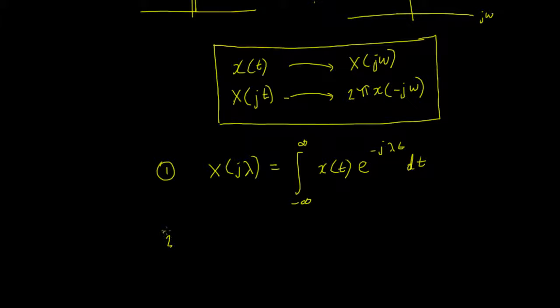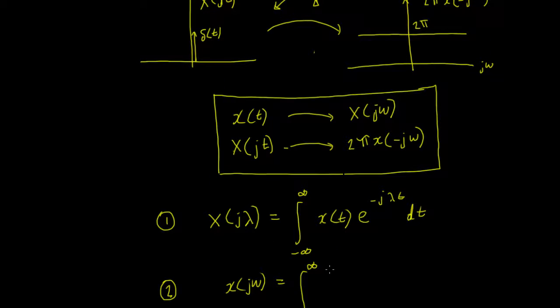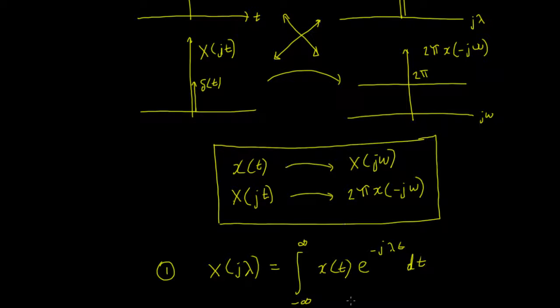So the second Fourier transform tells us our function, let's call it small x of j omega, is the integral from minus infinity to infinity. Now the function we're going to use is x of j lambda, so big X of j lambda. Now remember that lambda is still a time, we haven't actually replaced it by the value of t, we've just kept it the value of lambda, but lambda is no longer a frequency, lambda is now a time.